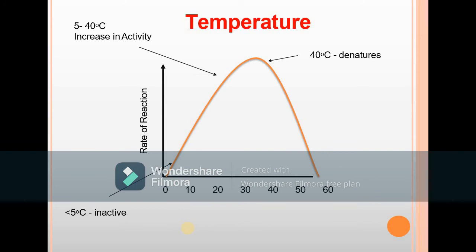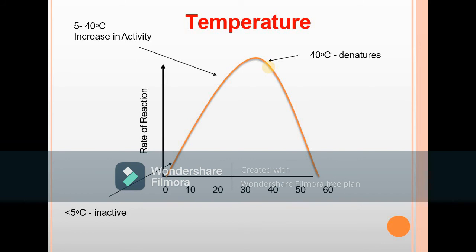So reactions are accelerated, means as the temperature increases, the reactions increase. But only till a certain limit. Like you can see in this figure, as the temperature is rising, the rate of reaction is also increasing. But at a specific point, for example 40 degrees centigrade, if the temperature crosses 40 degrees centigrade, then the structure of the enzyme will get ruptured.